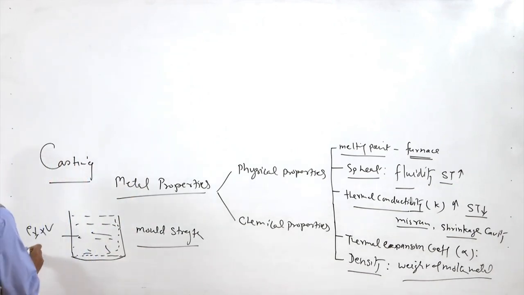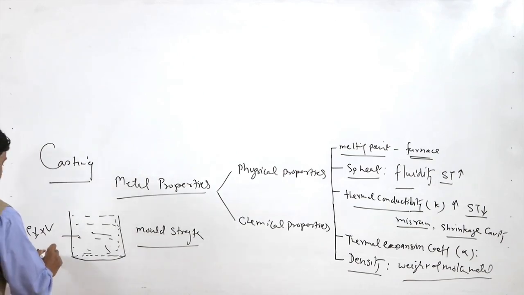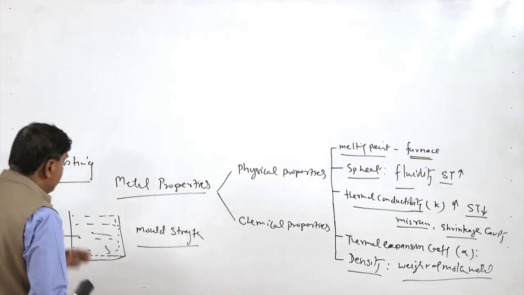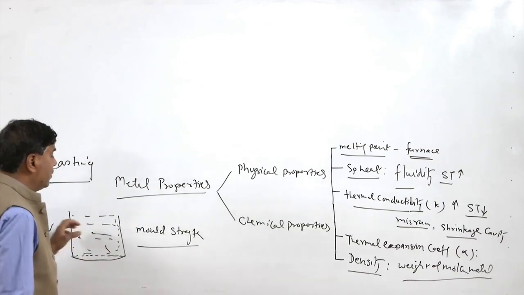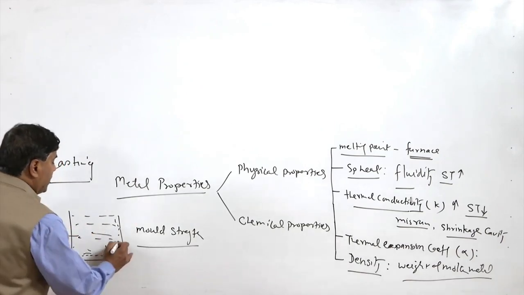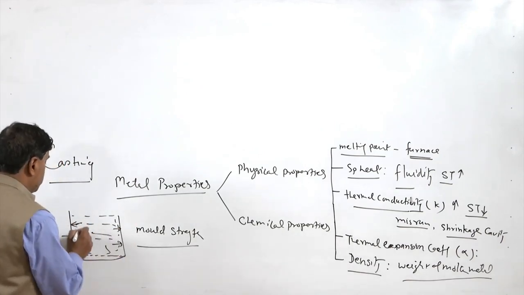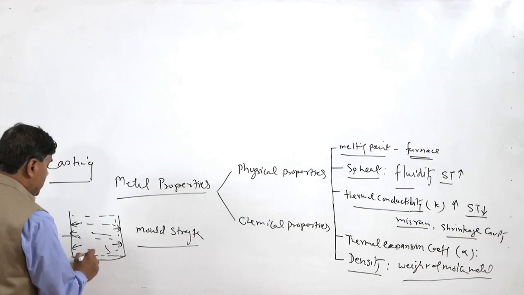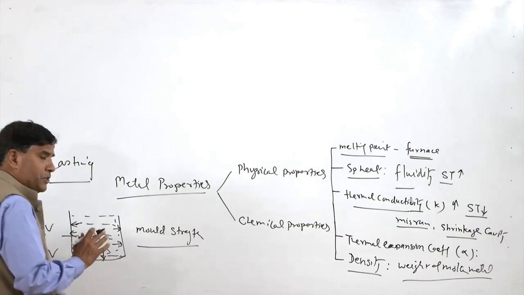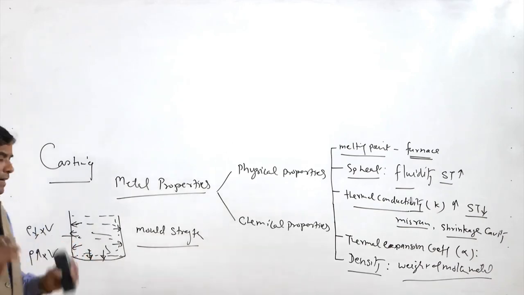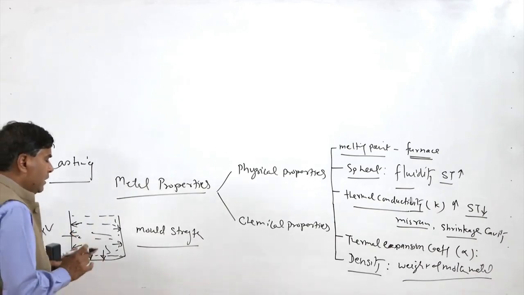If the density of the metal is high for a given volume, then heavy metallostatic forces will be acting onto the walls and they will have a tendency to shift the position of these walls, which in turn will lead to a change in shape as well as the dimensions of the mold.